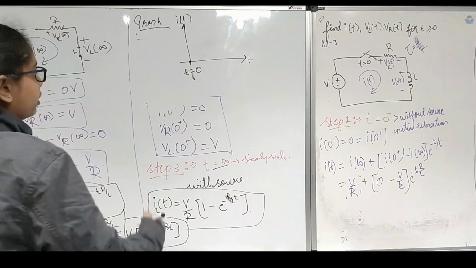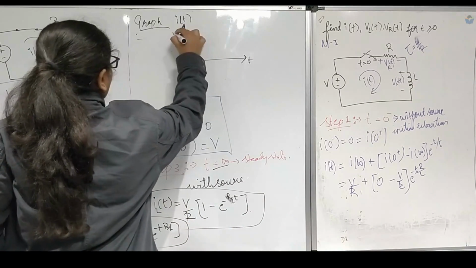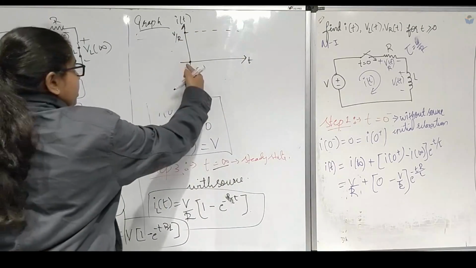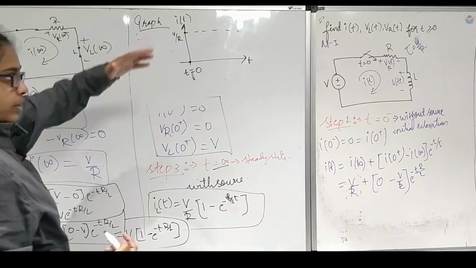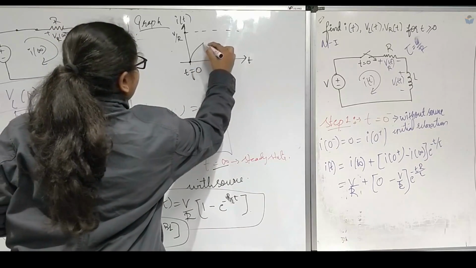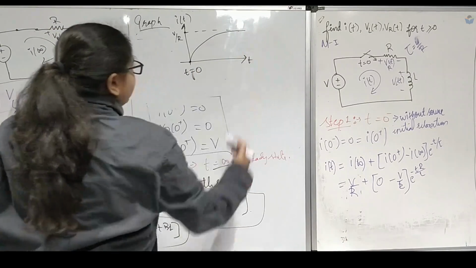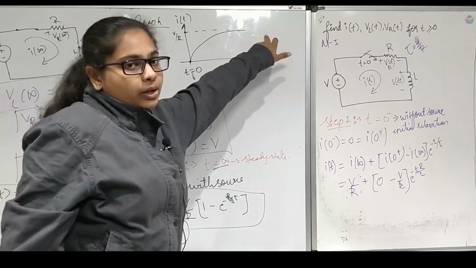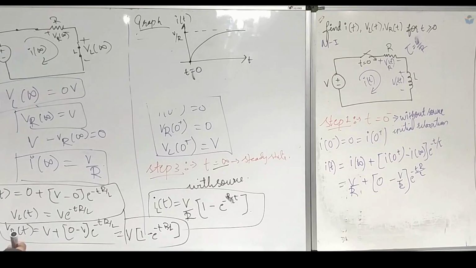V by R. So now from this to infinite, it is going from 0 to infinite, so it will be like this. Okay, at this point it will become steady state. That is why at t is equal to infinite, it will become steady. Okay, so this is for I of t.